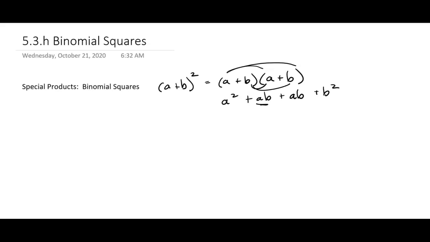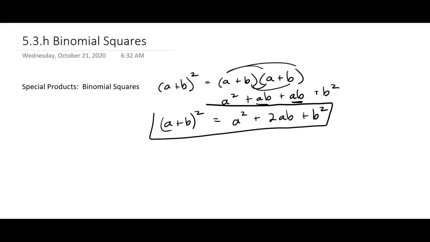But that ab and that ab are the same, so we can combine them, and we have a squared plus 2ab plus b squared. So it's like a little formula: a plus b squared equals a squared plus 2ab plus b squared. You could do that with FOIL, no problem, but sometimes it's handy to be familiar with the formula. That's one of them.